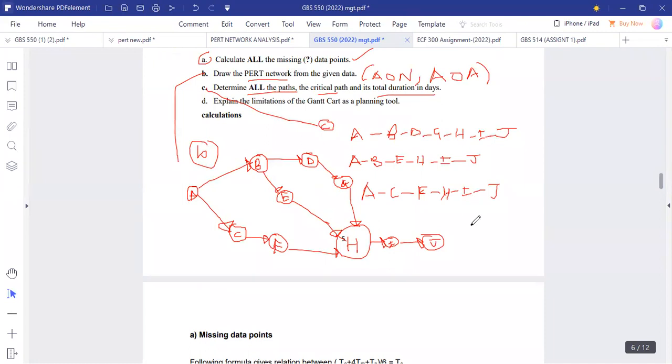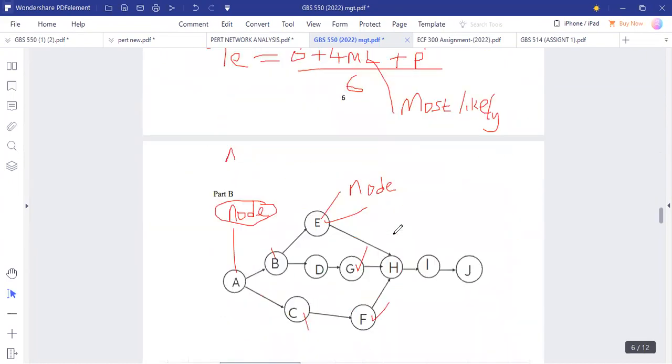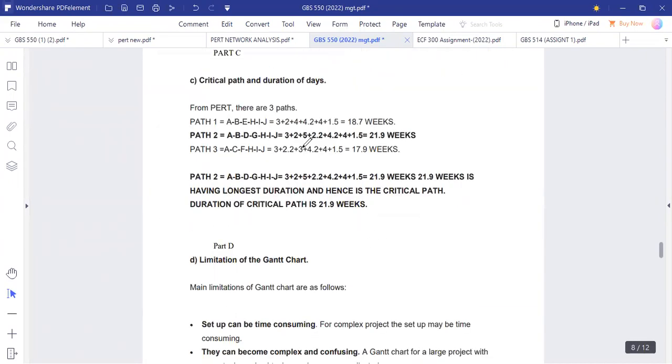So we're supposed to find what is our longest path. The critical path means the longest path. So critical path and the duration.